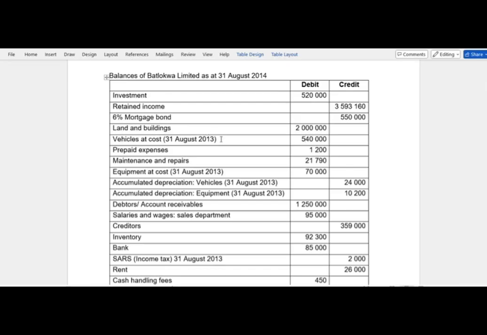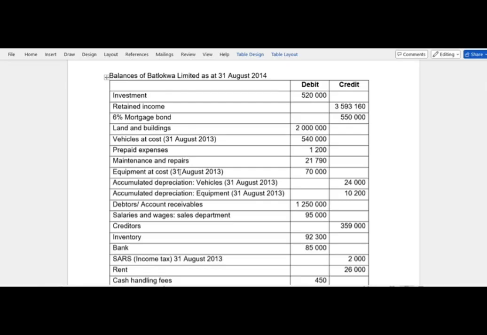Vehicles, non-current assets. Prepaid expenses are current assets. Repairs and maintenance are expenses. We will consider them when we prepare our admin or maybe our distribution costs, depending on what they are telling us. What are these maintenance and repairs for, which department? Are they for the admin department or for the distribution department?